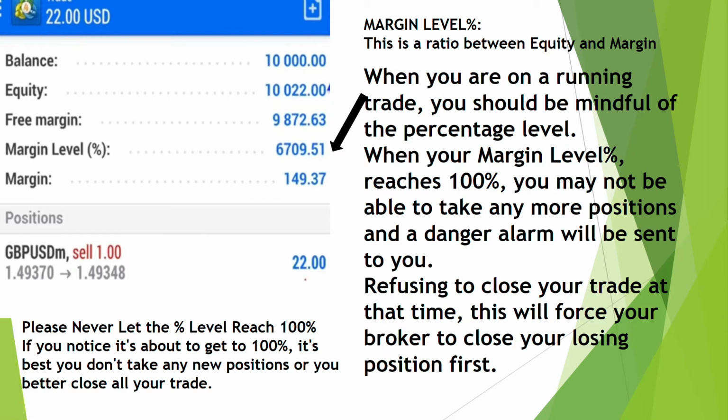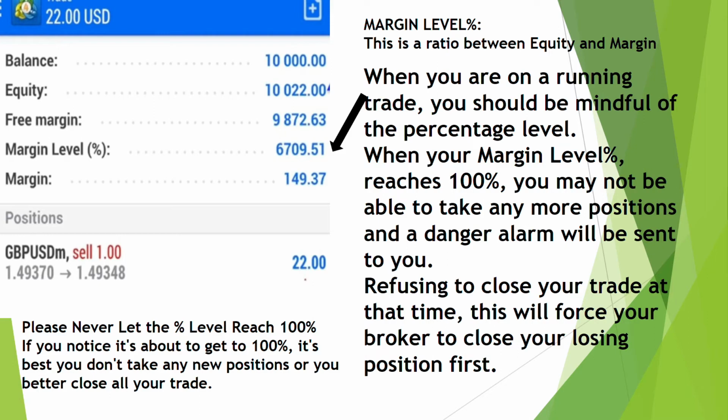Refusing to close your trade at that time will force your broker to close your losing position first. If you have three trades running, one losing $1,000, another losing $44,000 and another $20, your broker will have to close the one losing $1,000 first.